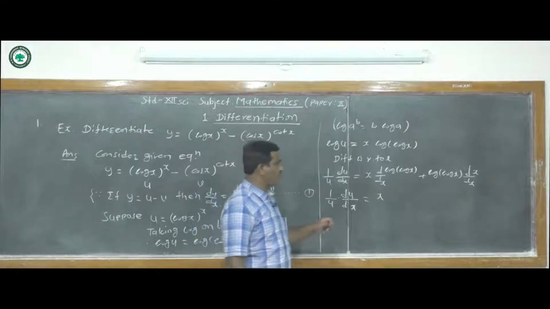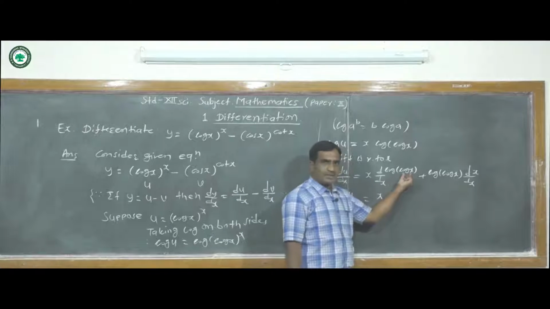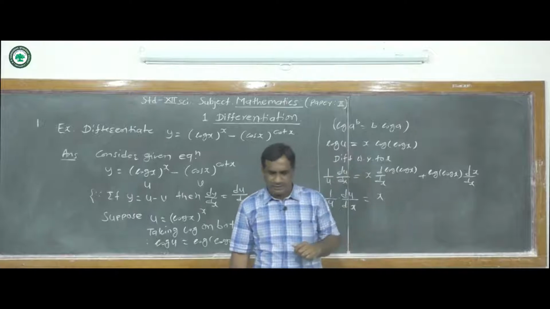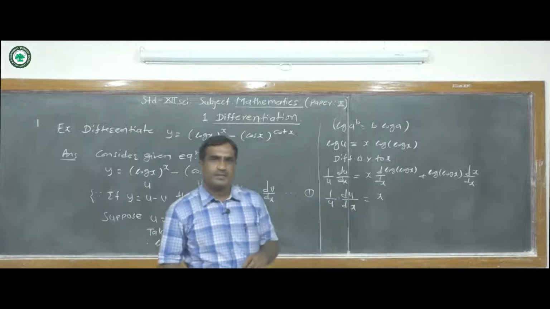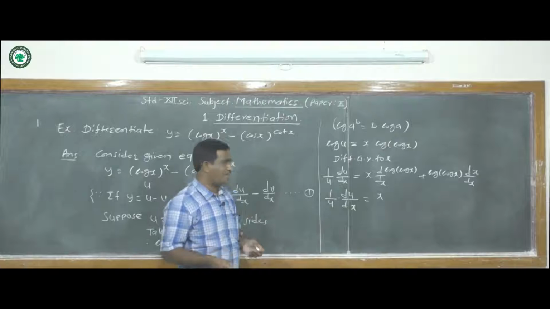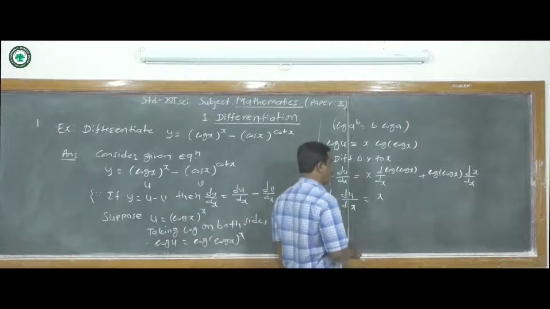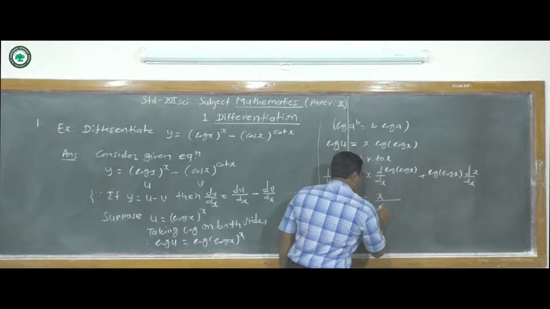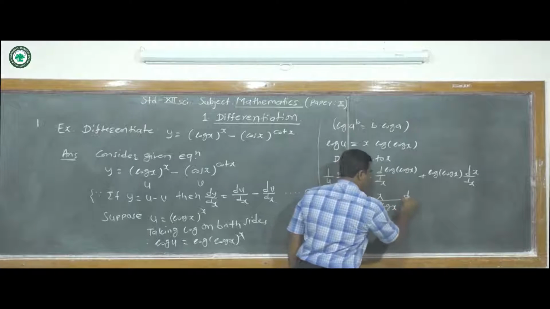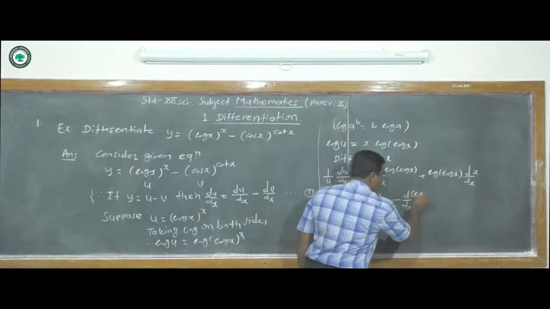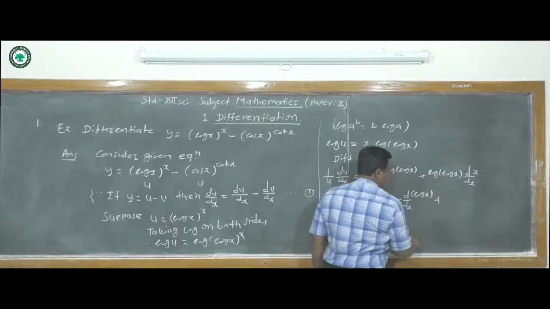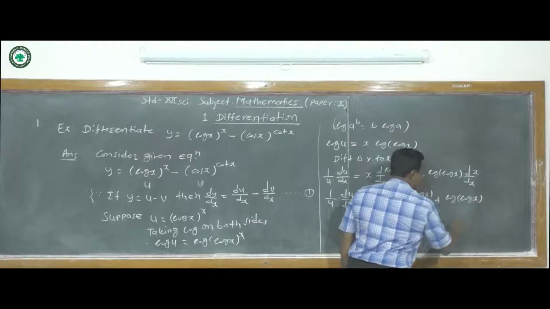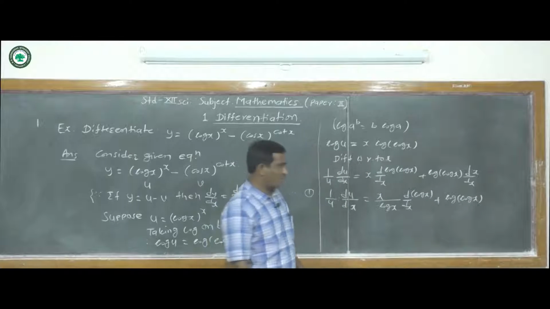This is a composite function. Suppose this log x is f of x, then we get log of f of x, and we know that derivative of log of f of x is 1 upon f of x into f dash of x. Therefore using this formula, derivative of log of log x is 1 upon log x into d by dx of log x, plus log of log x as it is into derivative of x with respect to x, which is 1.